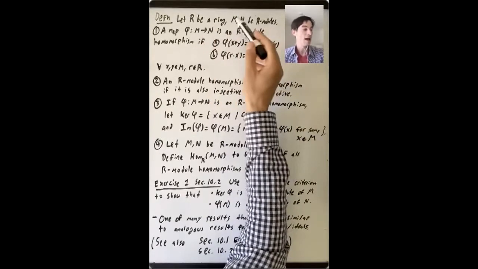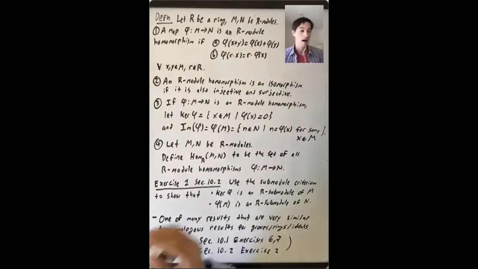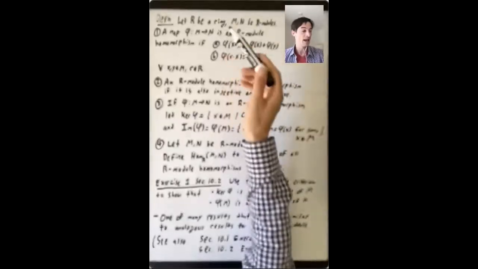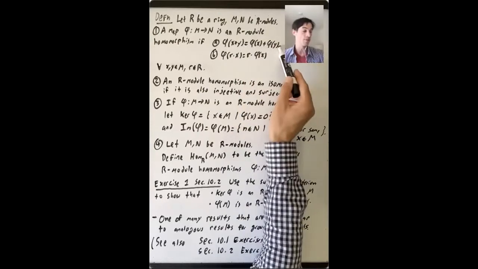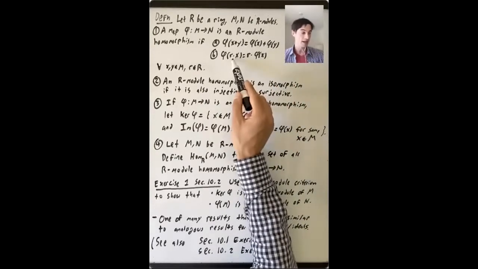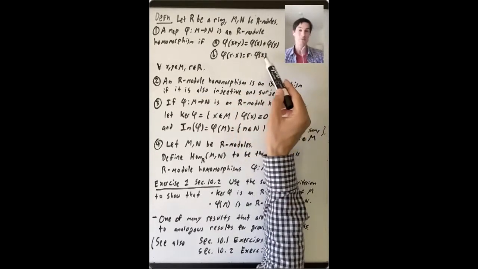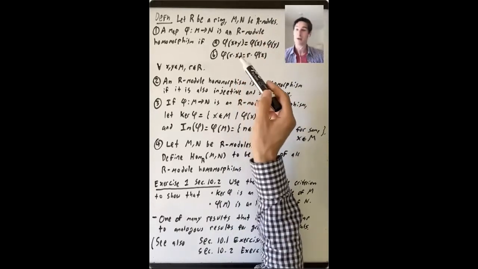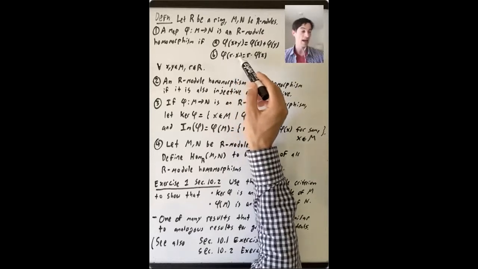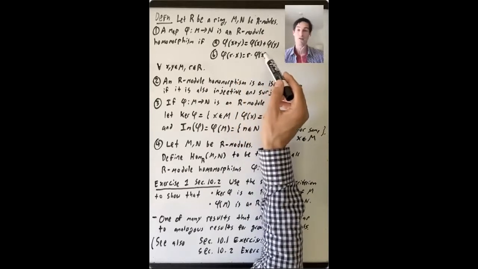So R is a ring, M and N are R modules. A map phi from M to N is an R-module homomorphism if it's a homomorphism of abelian groups and it behaves nicely with respect to the action of R on M and on N, by which I mean phi of r dot x equals r dot phi of x.